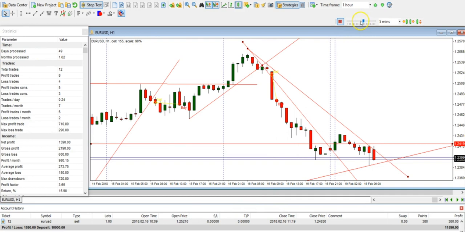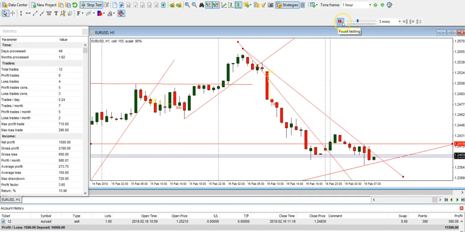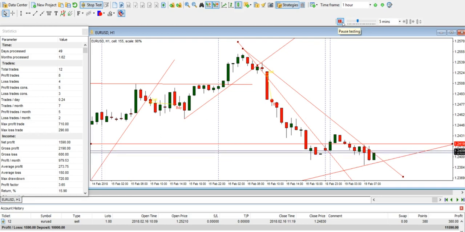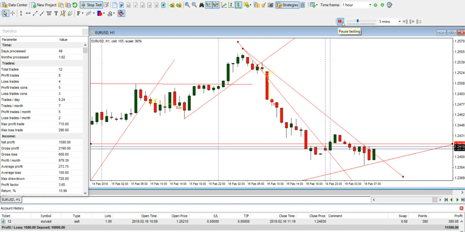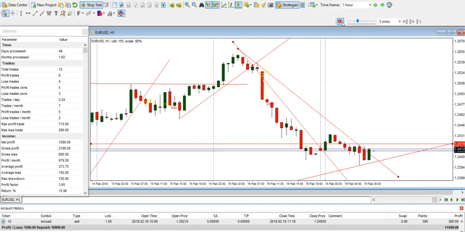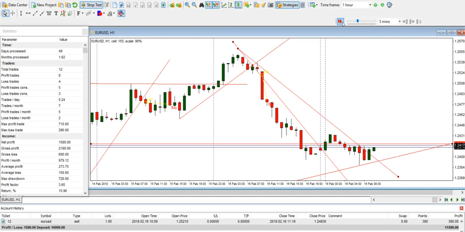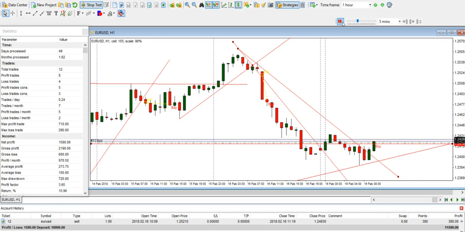Okay, we're going to slow her down. No sell signal yet. We're getting a buy. We've got the finger on the trigger. Okay, so there we go.